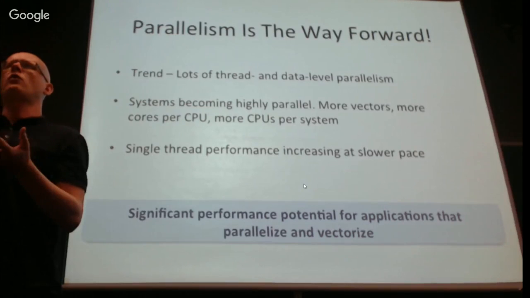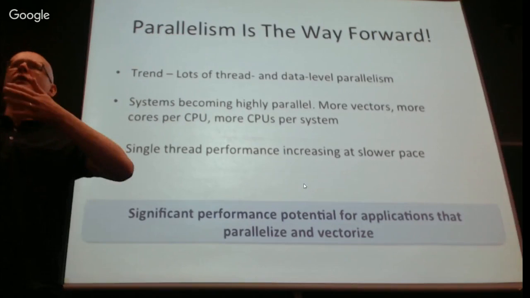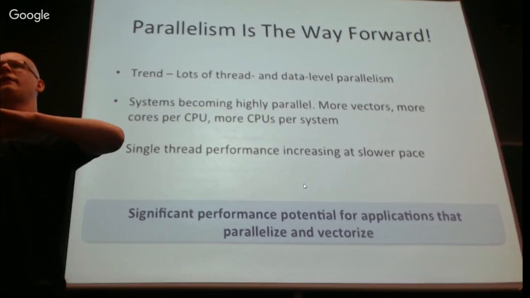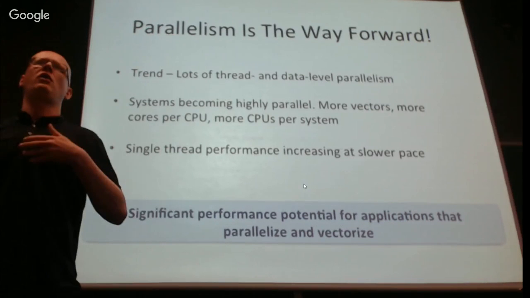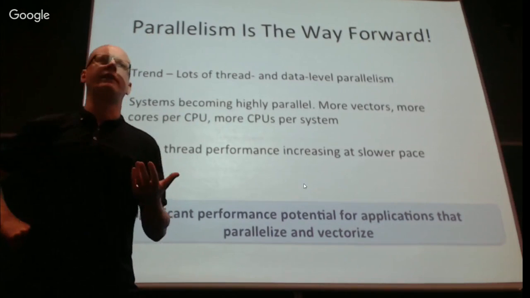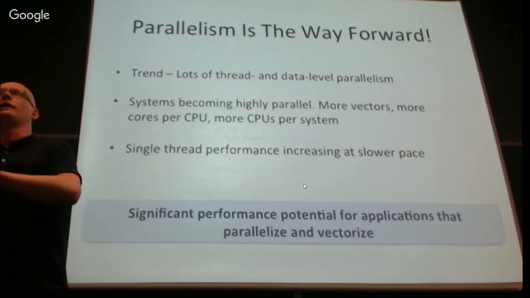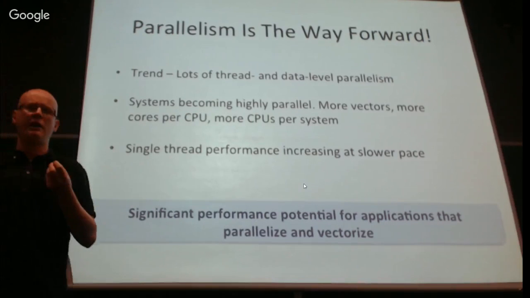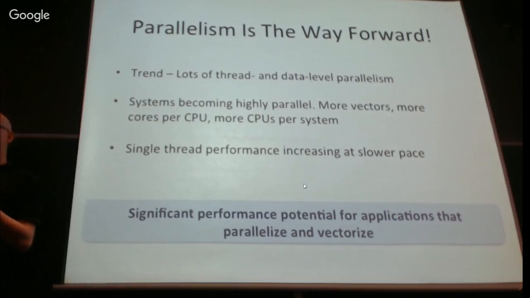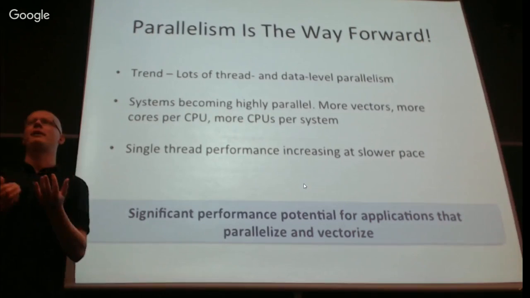Xeon systems, their core frequencies are in and around 2.5 gigahertz to 3 gigahertz, whereas the frequency of a core on the Intel Xeon Phi is more like 1 gigahertz. So what that means in effect, and that's what the sentence speaks to, is that the per core performance on many-core systems is actually falling off rather than increasing, and the reason for that is that dramatic drop in core frequency.